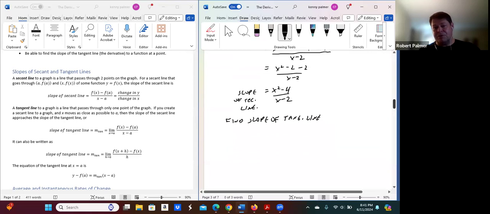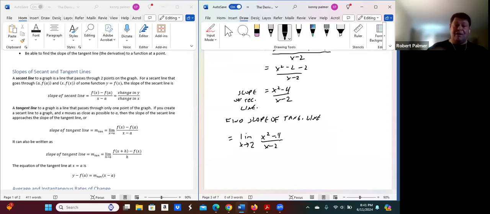The slope of the tangent line, I need to take the limit as x goes to 2 of this, x squared minus 4 over x minus 2. If you notice, x can't be 2, because that would make both 0, 0 over 0.